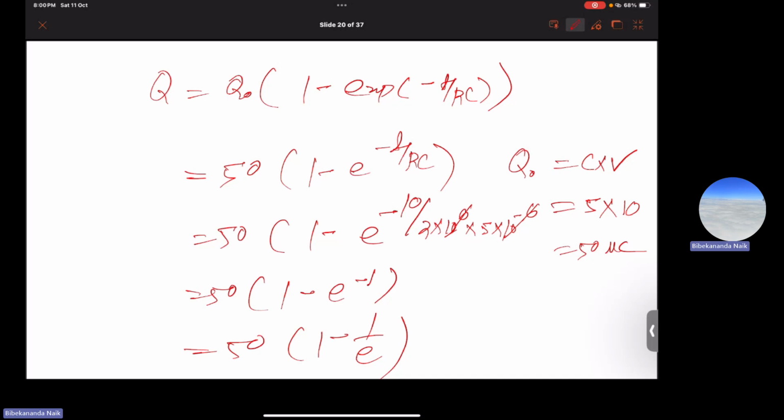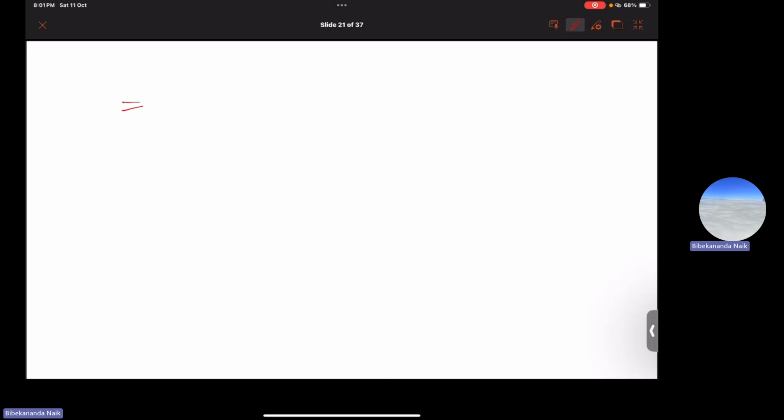So what is the value of 1 by e? It is 0.36.